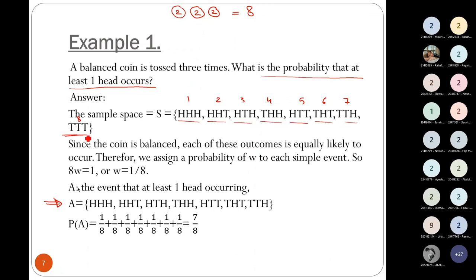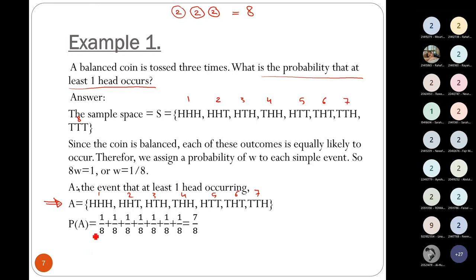In the last outcome we don't have an H, but in the 7 outcomes we have H. So the number of outcomes in the event A equals 7.